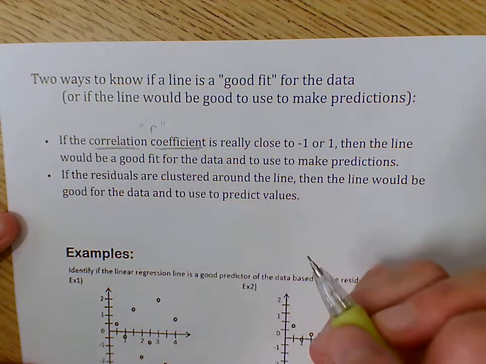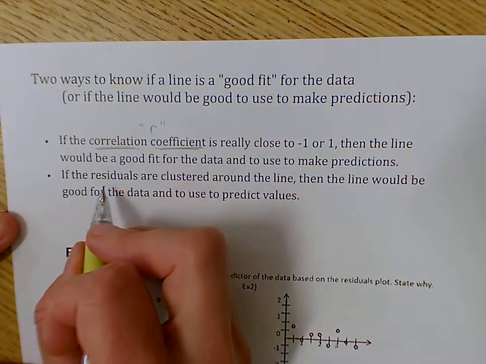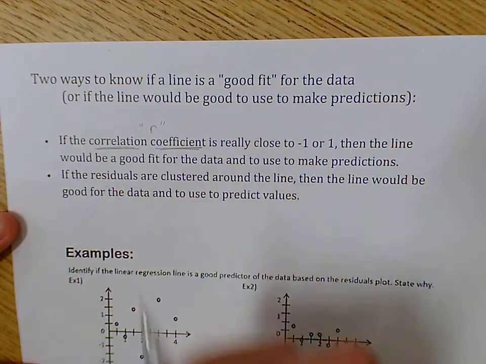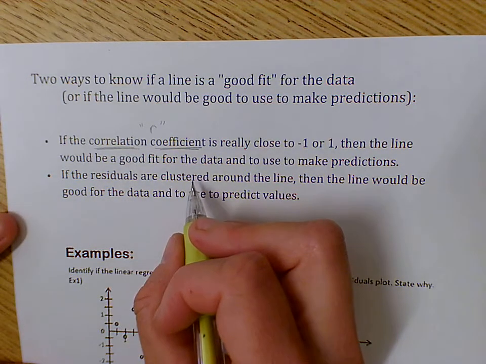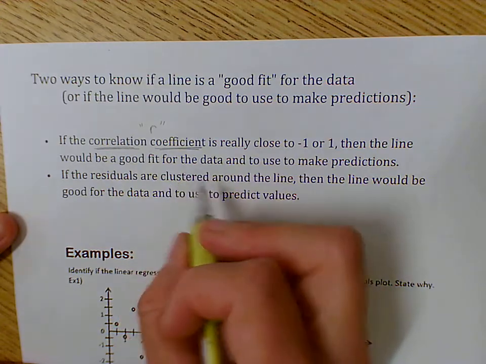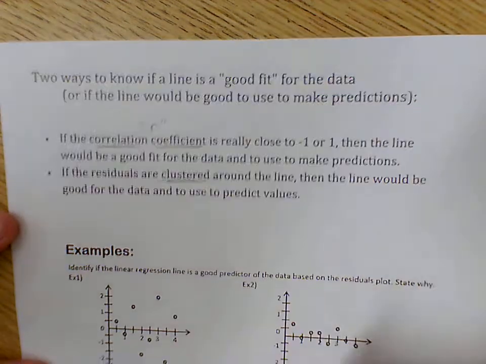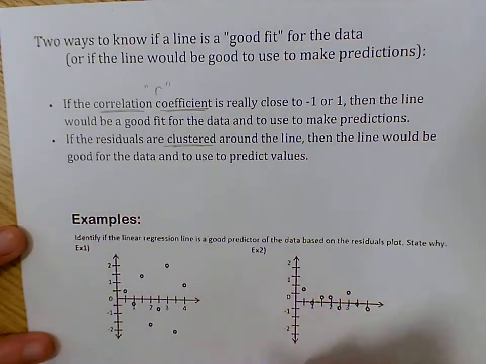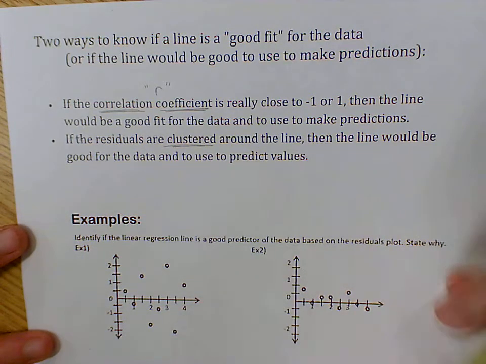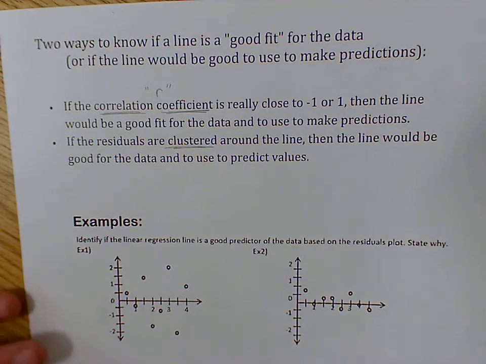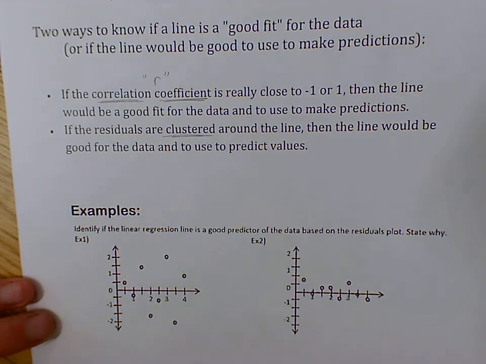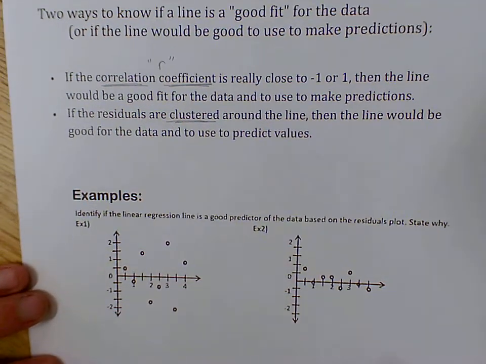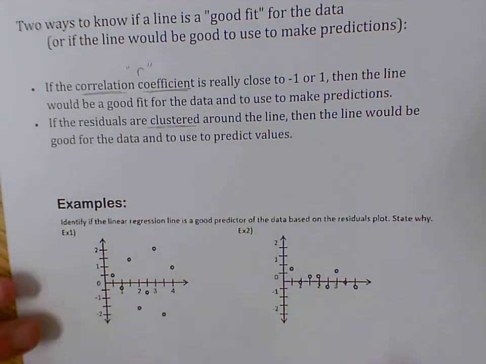But then you could also look at the residuals. If the dots are clustered around the line in the residual plot, close to the x-axis, then the line would be a good fit for the data, and you could use it to predict values. The closer the dots are to that line, the better you'll be able to use it to predict values.